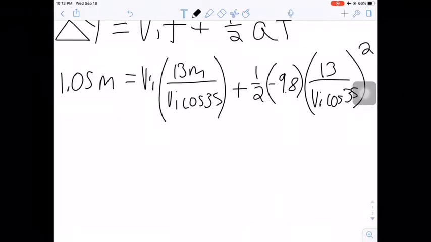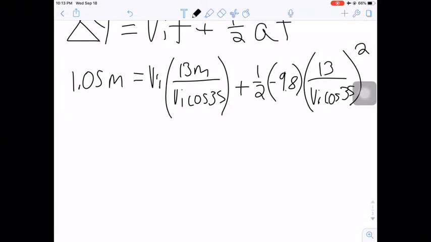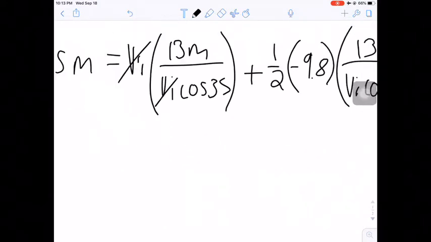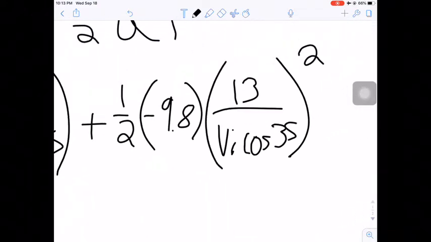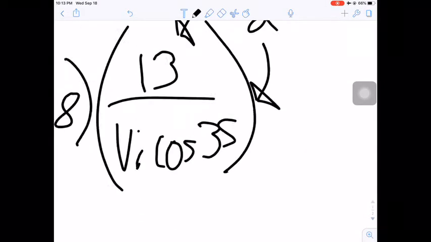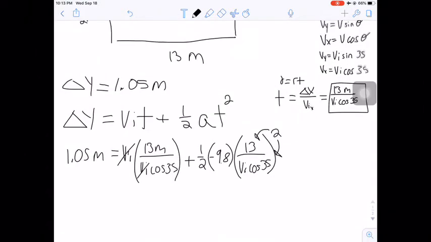So doing some algebra, we can clean this up. For this first part here, the Vi will get multiplied to this part, and then the Vi's will cancel, leaving 13 meters over cosine 35. And over here, some students forget to square. The square will be distributed to the 13 and to the bottom. So remember that.